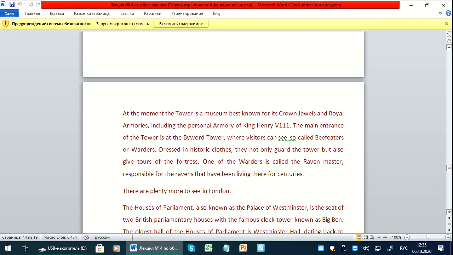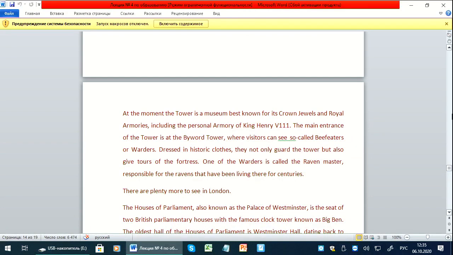Dressed in historic clothes, they not only guard the tower, but also give tours of the fortress. One of the warders is called the Raven Master, responsible for the ravens that have been living there for centuries. What are these birds? Do you remember? Ravens, вороны.